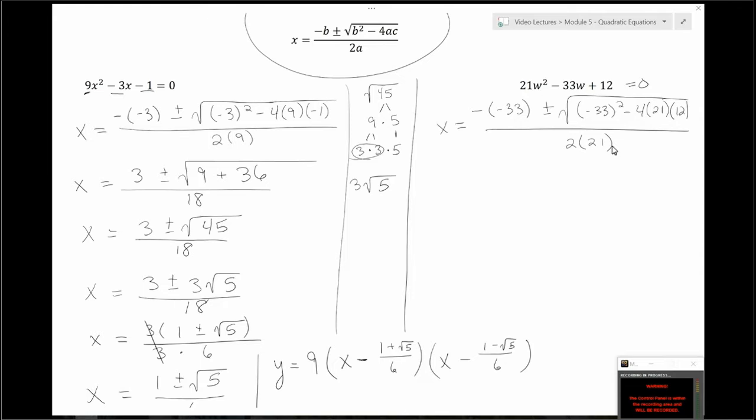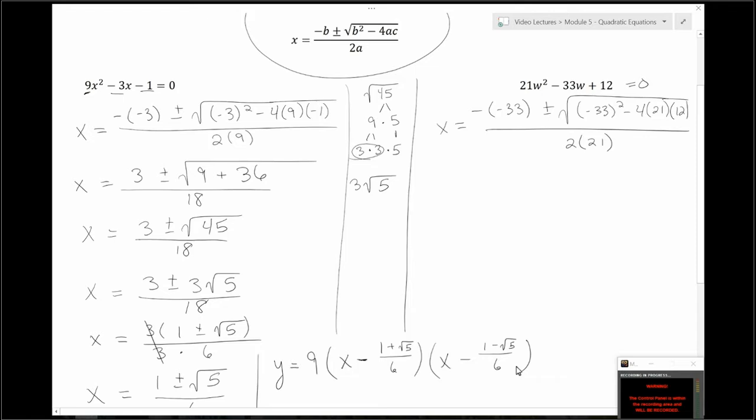But 33 squared is a really large number, and I'd rather not square that number, multiply all of these out, subtract it, take the square root of that, when I could have just factored it from the first place. So I'll stop this one here. It can be factored, so you should factor it when you can. But when we can't, or maybe you're having trouble factoring, you can always rely on the quadratic formula.